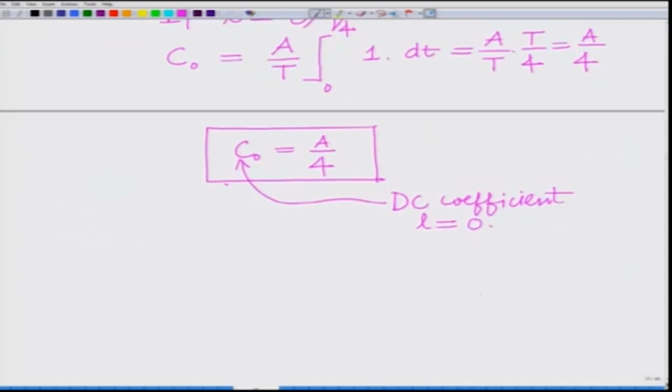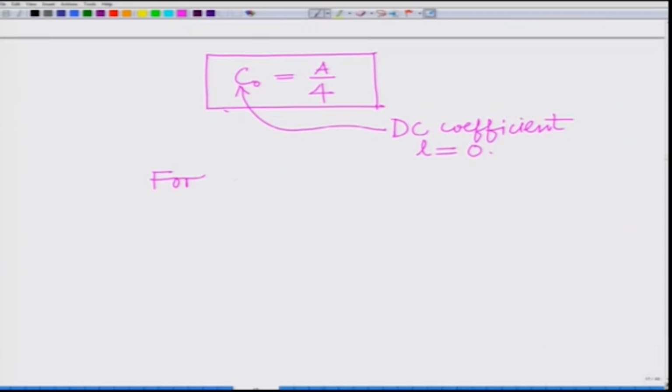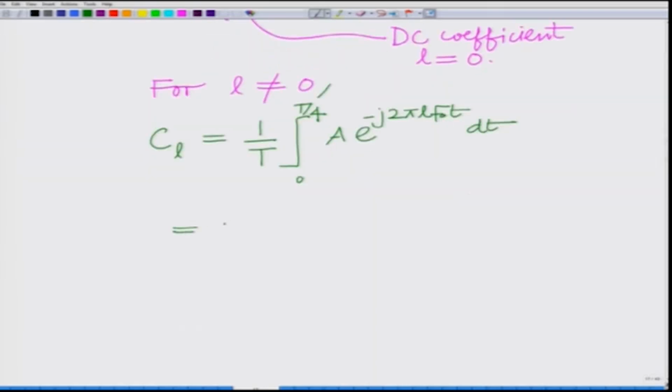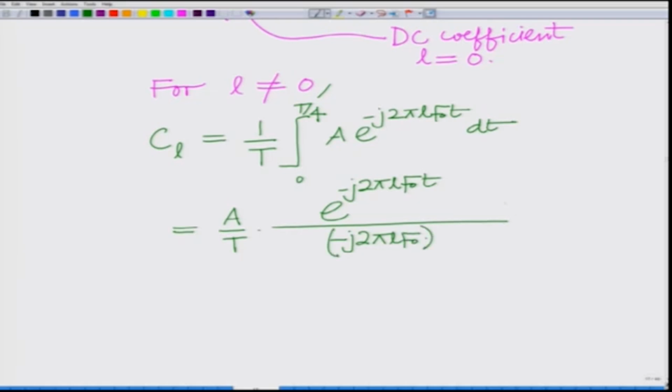Now, let us evaluate the rest of the coefficients. The general C L for L not equal to 0: C L equals 1 over T integral 0 to T by 4 A e to the power of minus j 2 pi L f naught t dt, which is basically bringing A outside, A over T integral, e to the power of minus j 2 pi L f naught t divided by minus j 2 pi L f naught, from the limits 0 to T by 4.